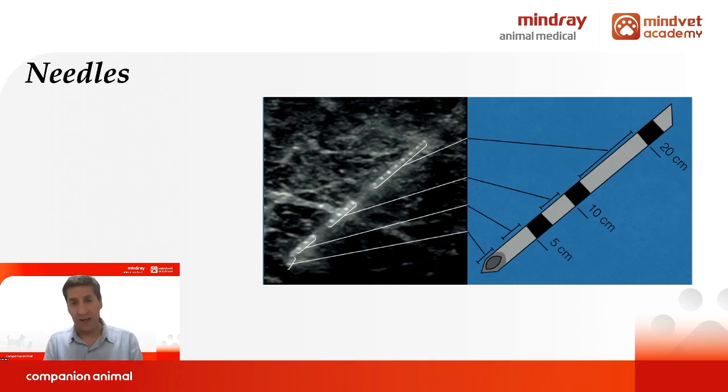We have different kinds of needles. We have the needle that allows us to make a stimulation with the nerve stimulator. We also have needles with some treatment on the body, which enhances visualization with the ultrasound, which is amazing.